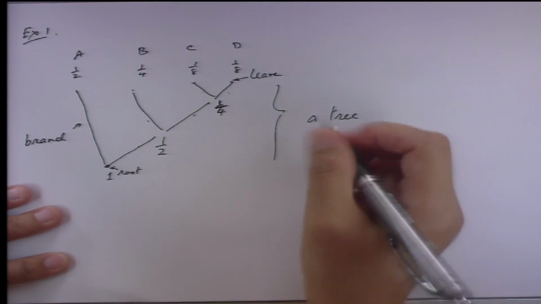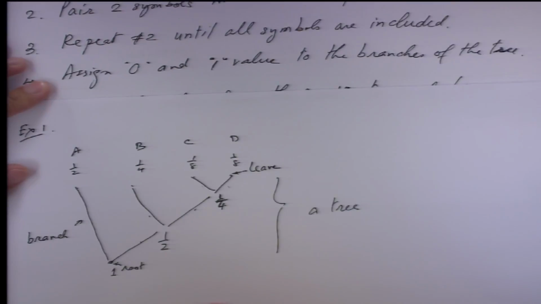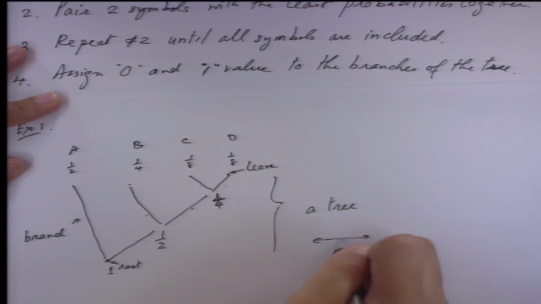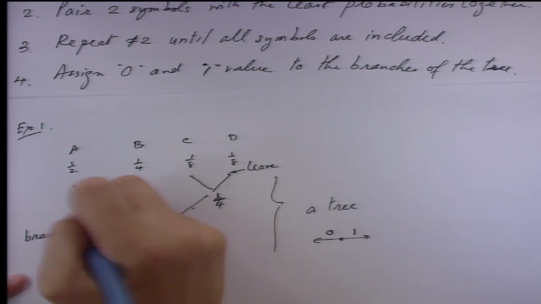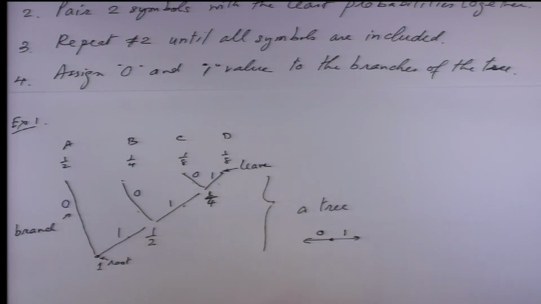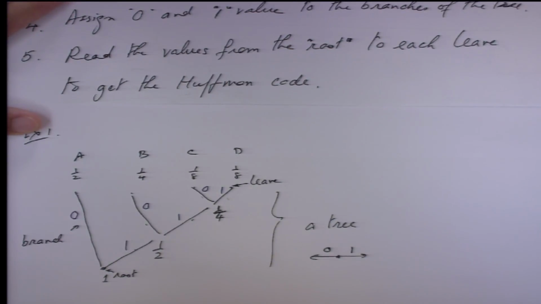Now we assign 0 and 1 values to the branches of the tree. If I use left as 0 and right as 1, I put here 0, 1, 0, 1, 0, 1. And then read the values from the root to each leaf to get the Huffman code.